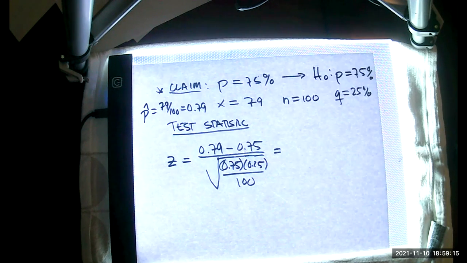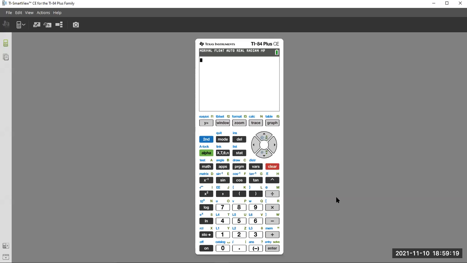So let me go ahead and share my screen. Take care of that little guy. Clear. Now, 0.79 minus 0.75. I can do everything in one set of keystrokes, but I really like to take care of the numerator first. Then I can divide the result by the radical.